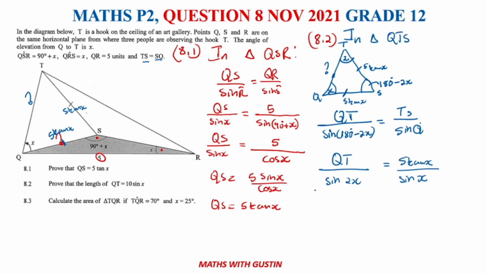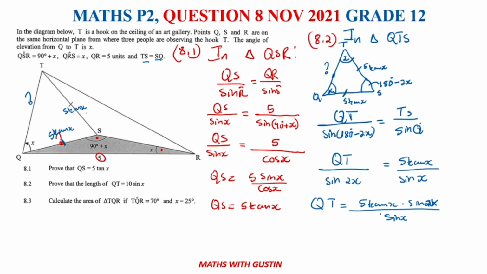Okay, now let's simplify further. Do cross multiplication on this one. QT is equal to 5 tan x sine 2x all over sine x. All right, great stuff.